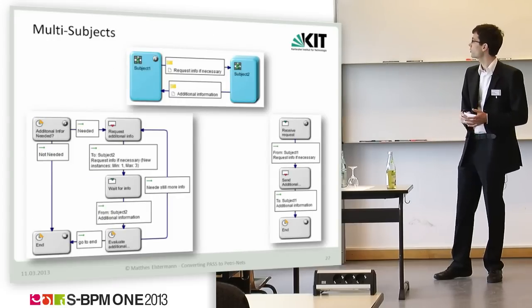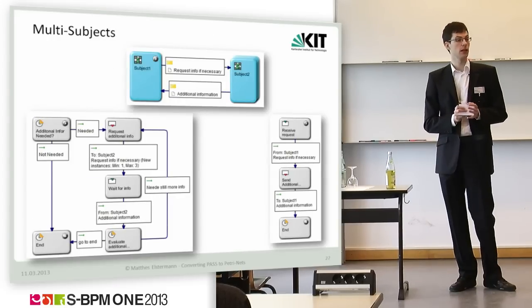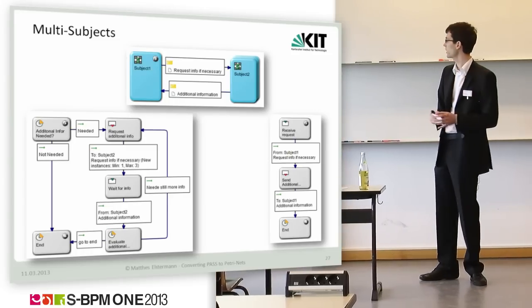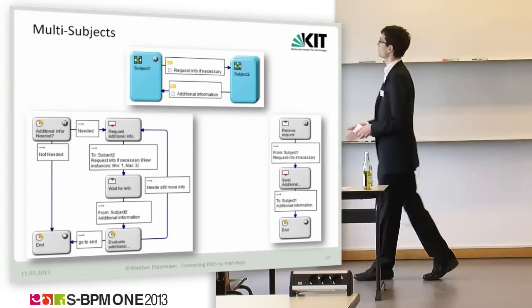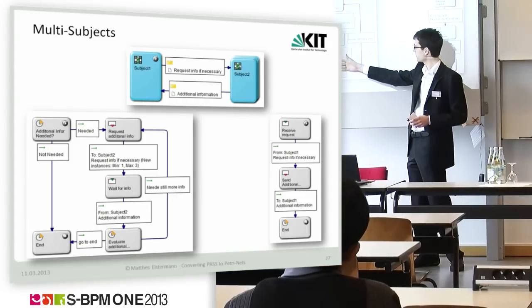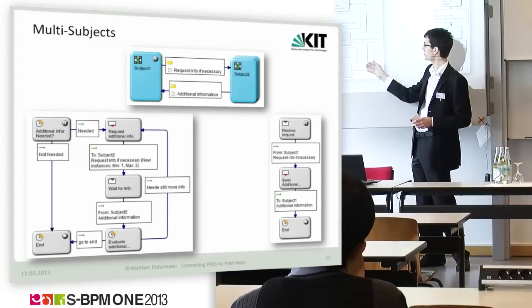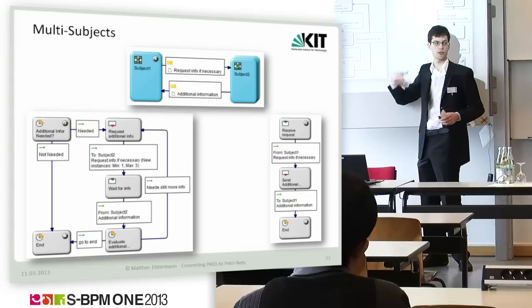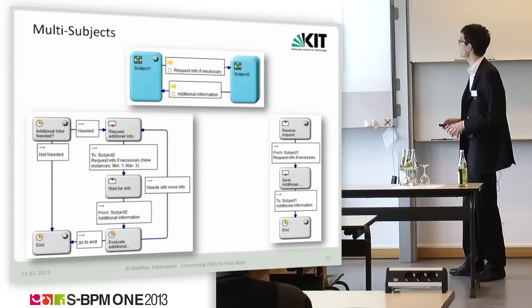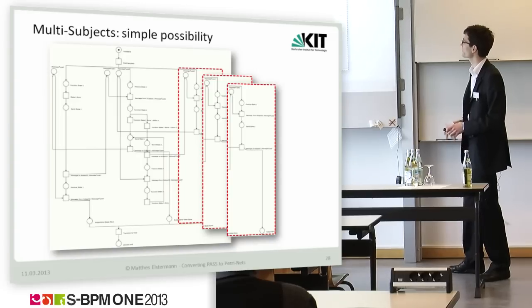And finally, what is really impossible: multi-subjects, one of the strongest concepts of the PASS modeling language. It's similar to the first thing I've shown. In PASS, you can simply decide whether you want to ask someone else or instantiate another subject. And in Petri-Nets, I don't know.